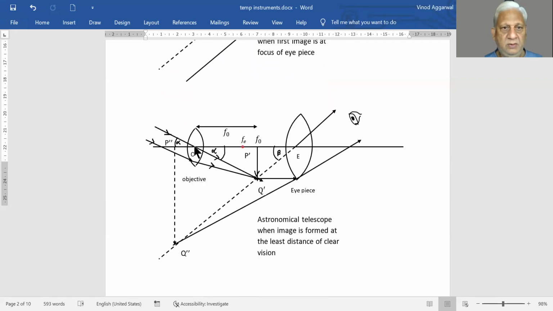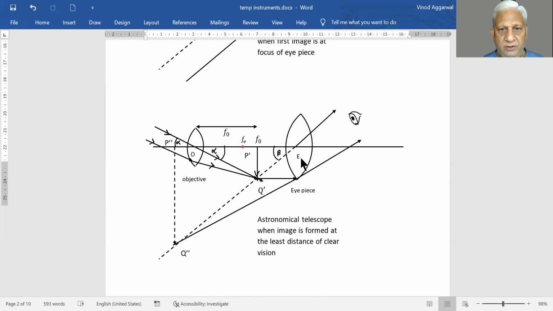It's like this. Again, we have the same two lenses. The rays from infinity, after going through this lens, are focused at the focal point of this objective at FO. And this FO is within the focal point of this eyepiece.